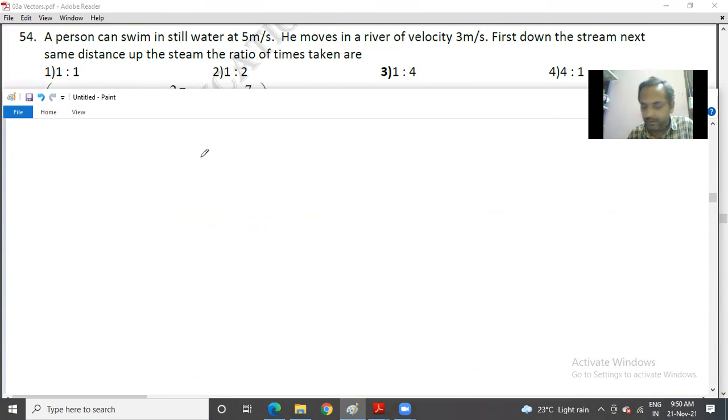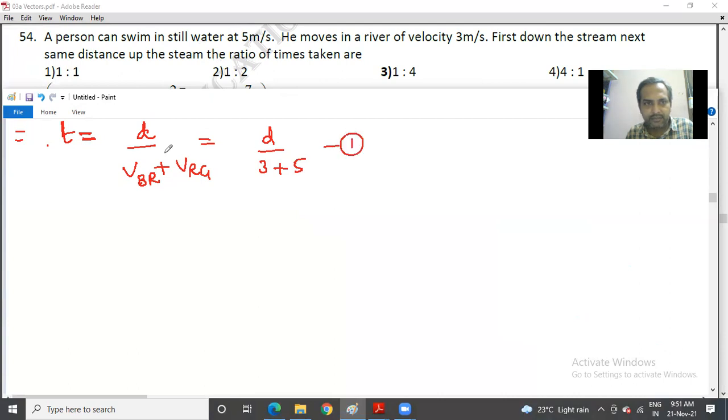Down the stream means theta will be 0. T is equal to D by VBR plus VRG. Now D by, VBR is 5 and VRG is 3 meters per second.